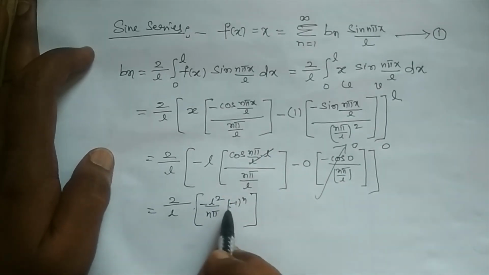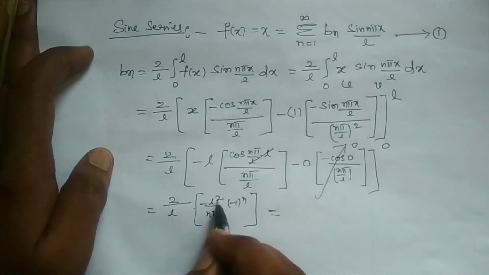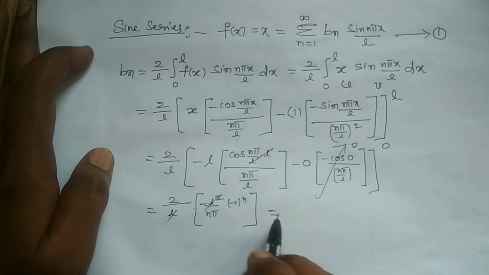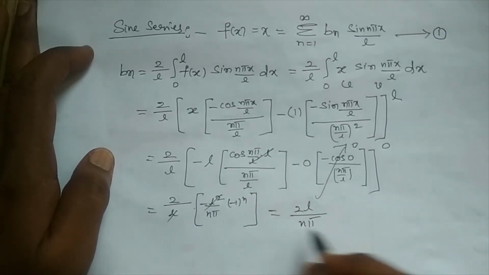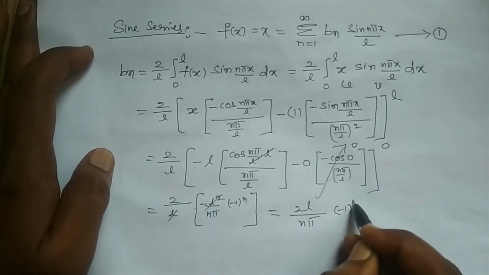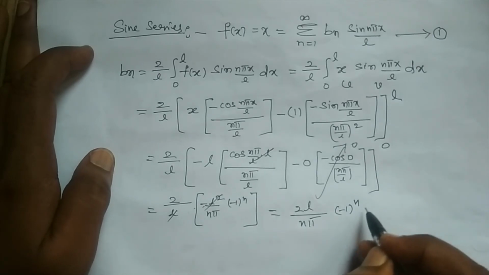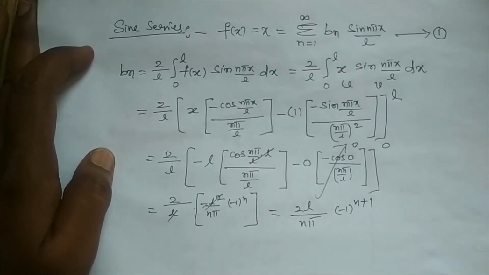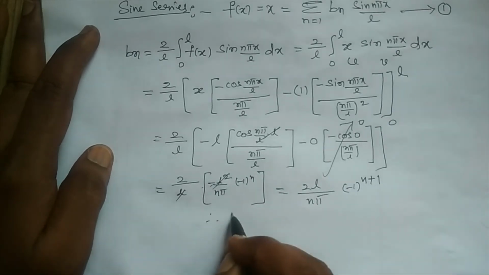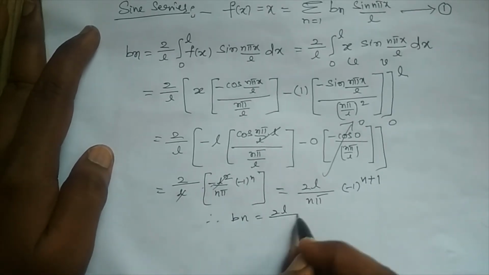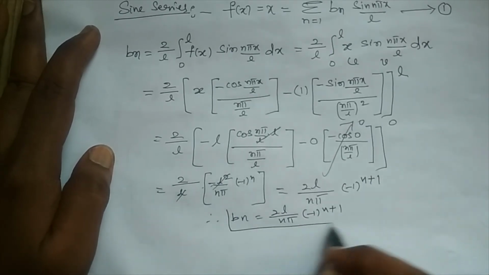Then the simplified one is, L gets cancelled one time, 2L by n pi into minus 1 whole to the power of n, already there, and one more time minus 1 adding this one, so bases are equal, powers are adding. This is the answer. Therefore b_n is equal to 2L by n pi into minus 1 whole to the power of n plus 1. This is the b_n value.